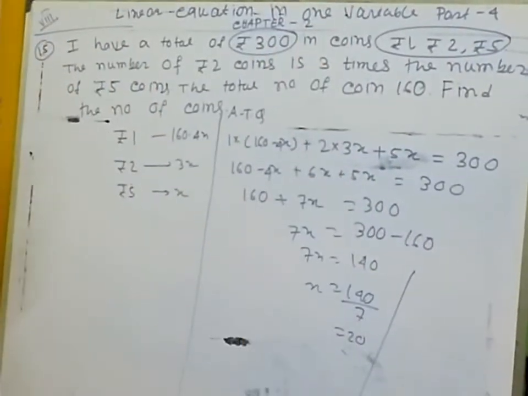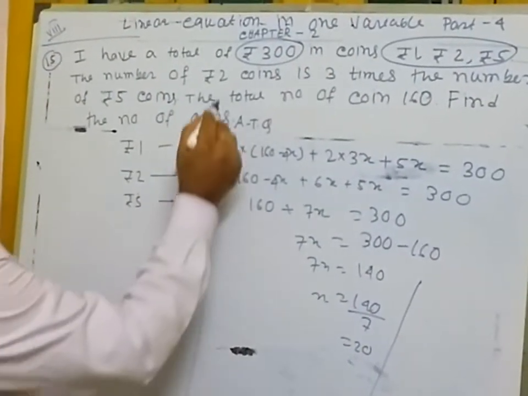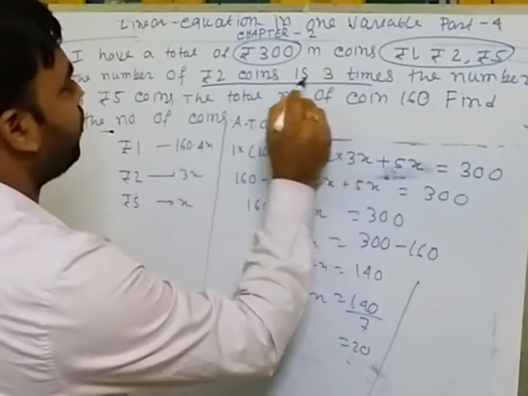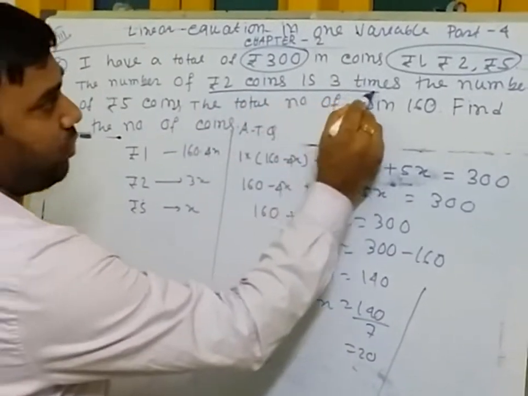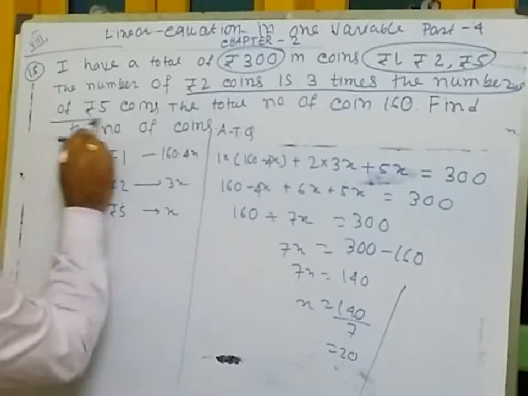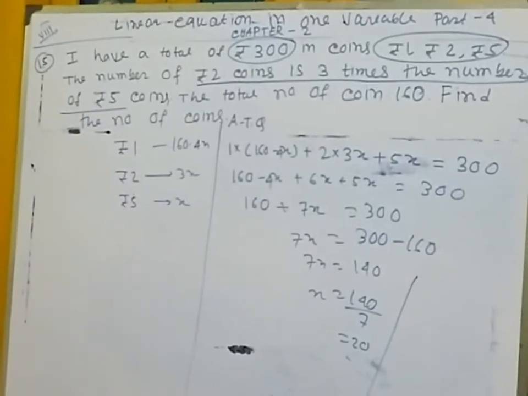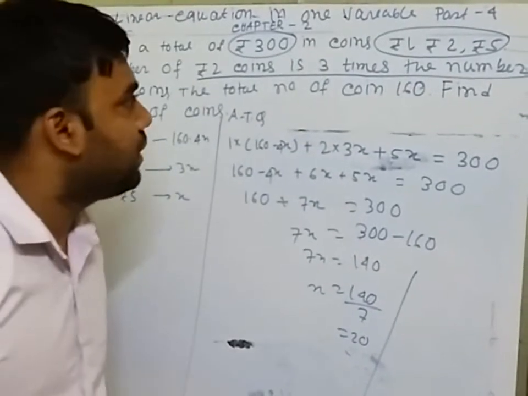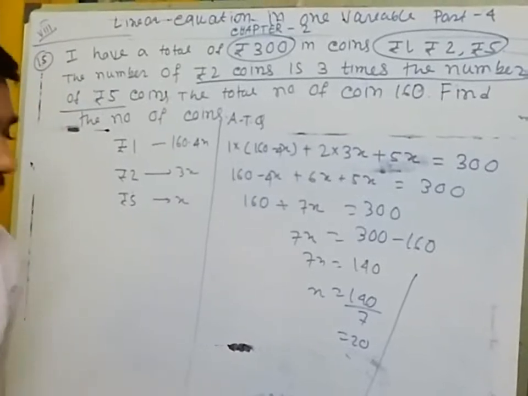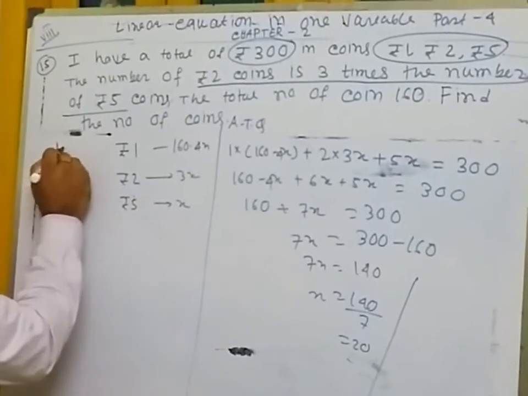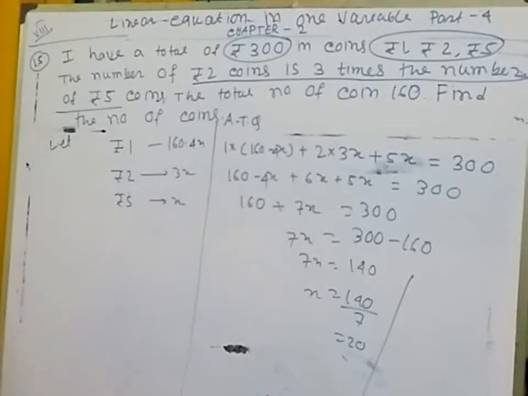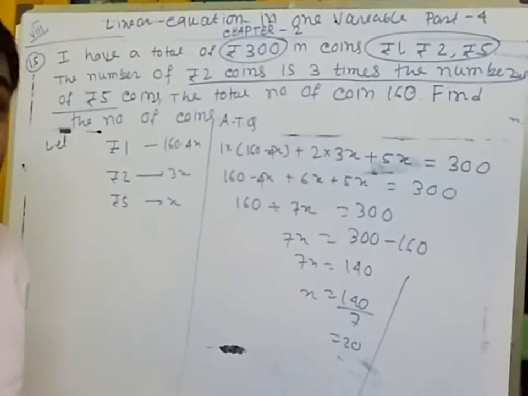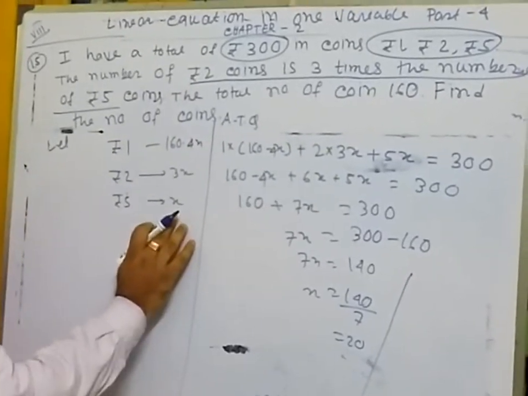One condition is given: the number of rupees 2 coins is 3 times that of rupees 5 coins. So the relation is given between rupees 2 and rupees 5. Let the number of coins of rupees 5 be x.